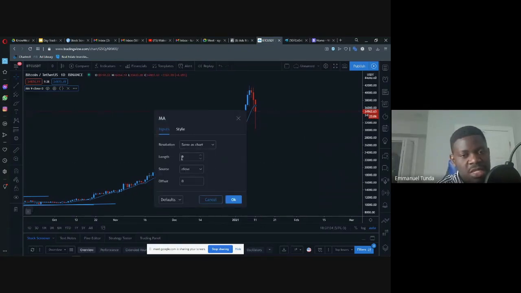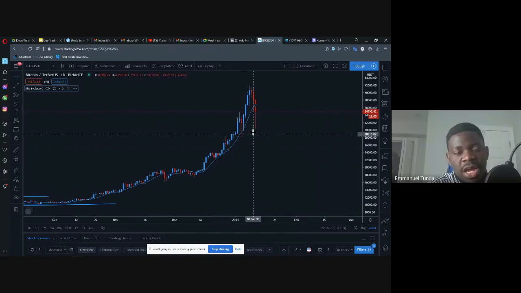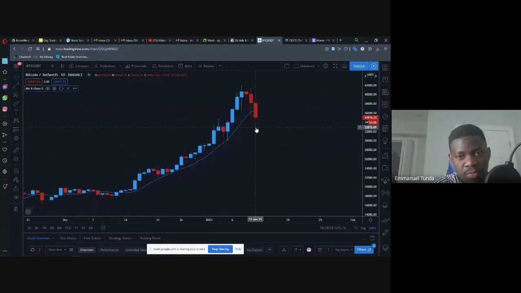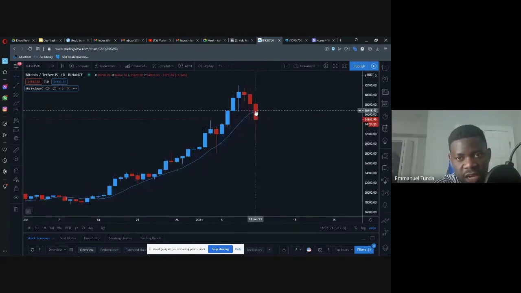The length means the number of candlesticks that you want to calculate. And what I mean by candlestick, a candlestick actually is just an expression of price. So this candlestick, the candle here in red, this is what we call a candlestick.